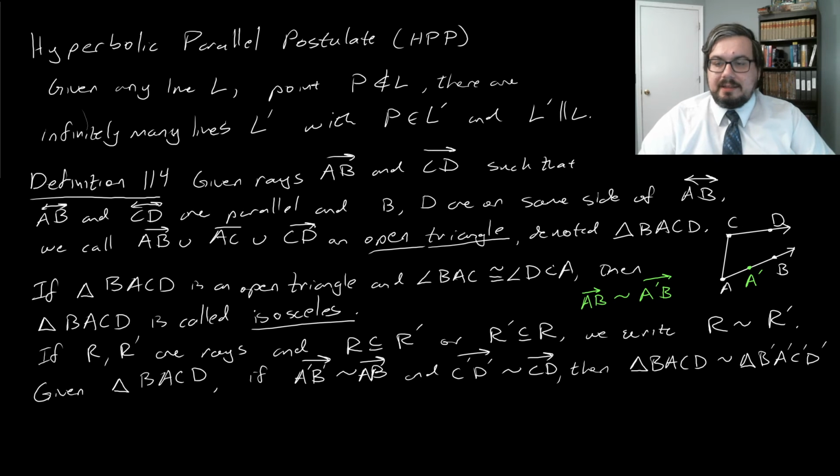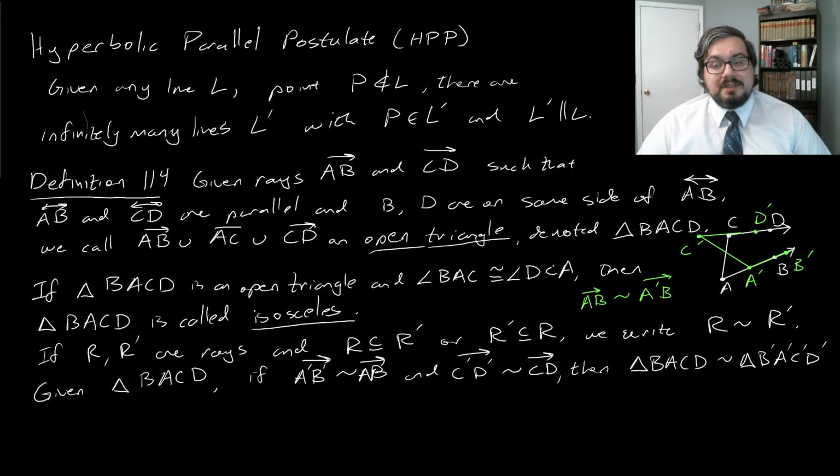So this sort of situation would look like the following. If we have the two open triangles BACD and B prime, A prime, C prime, D prime, as in the diagram here, we will say that those two triangles are equivalent to one another.